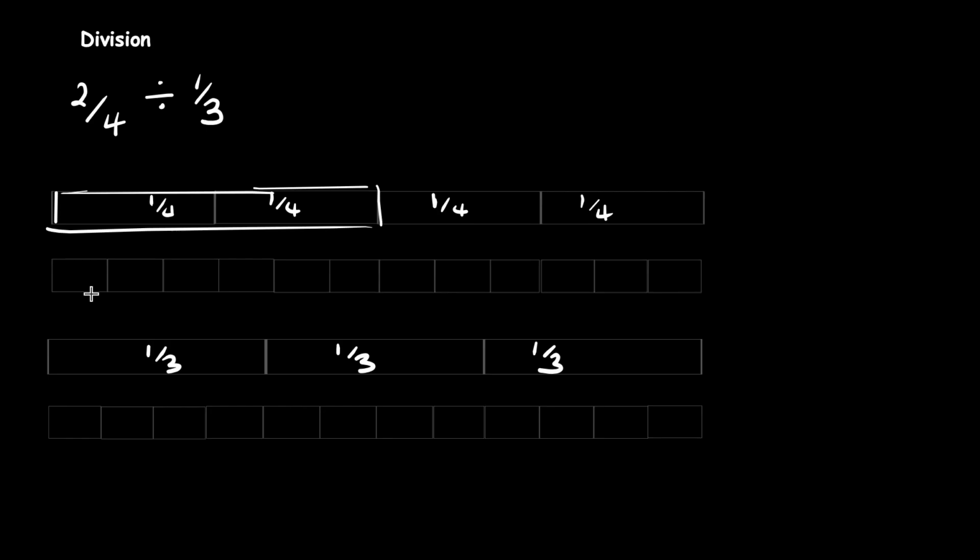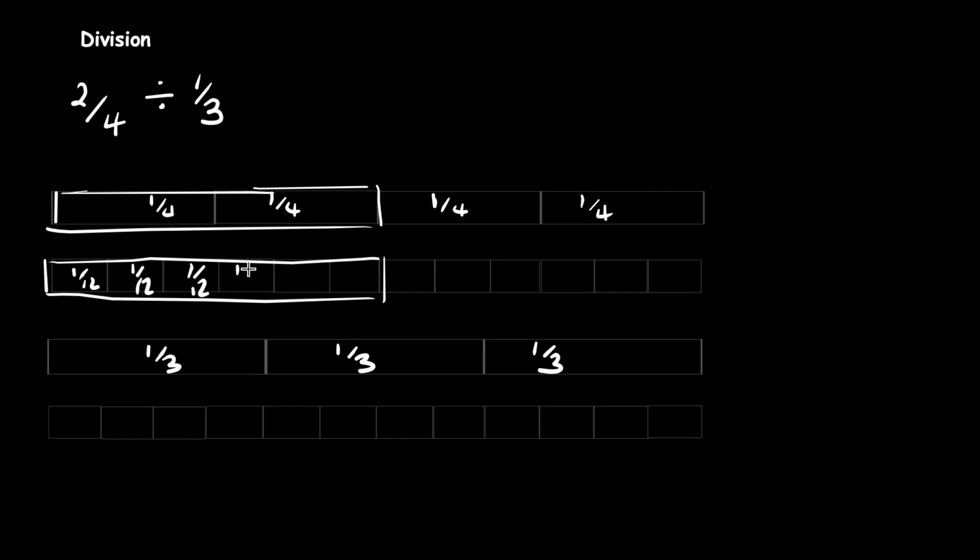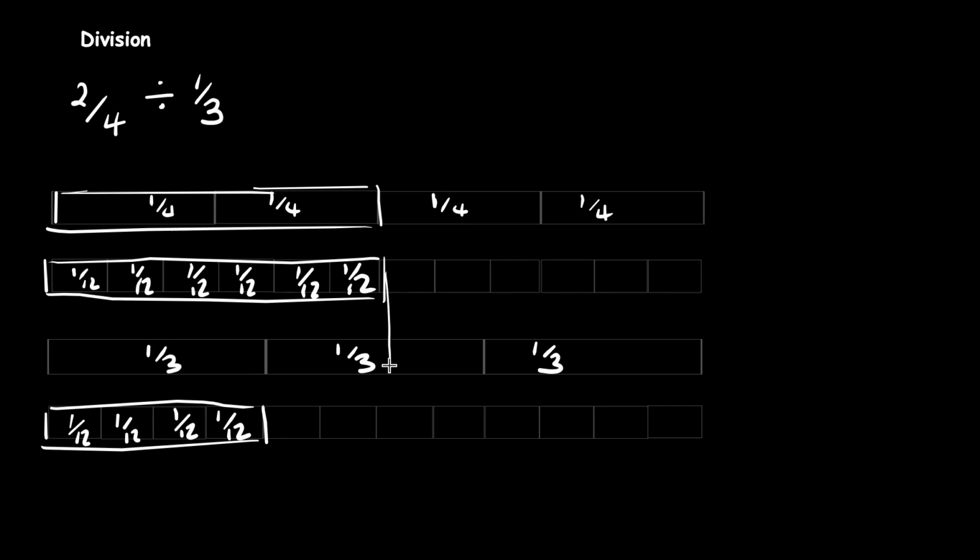So what does 2/4 look like as it relates to 12? Well, here is what 2/4 is. That looks like 1/2. That looks like 6 pieces of 1/12. Whereas 1/3 here is 4 pieces. Now, how many of these thirds can we get out of this? Well, this goes down here.